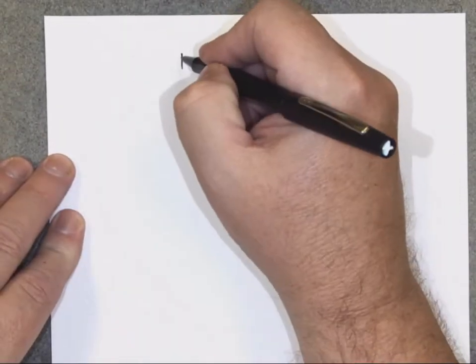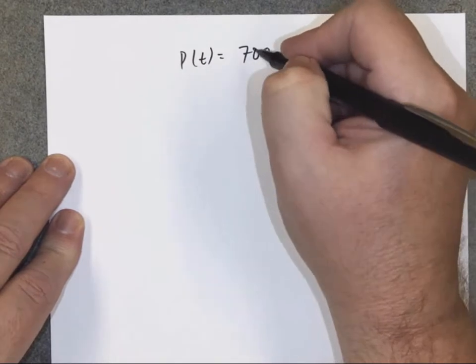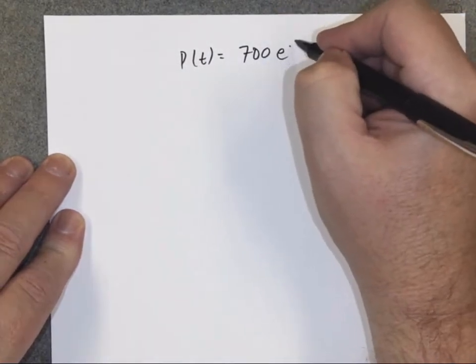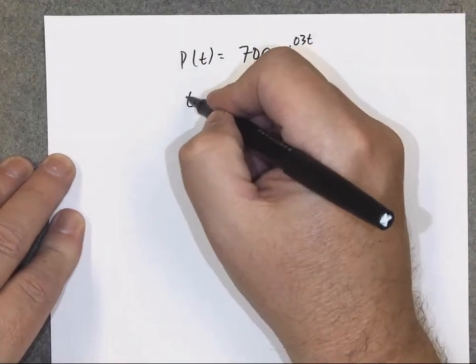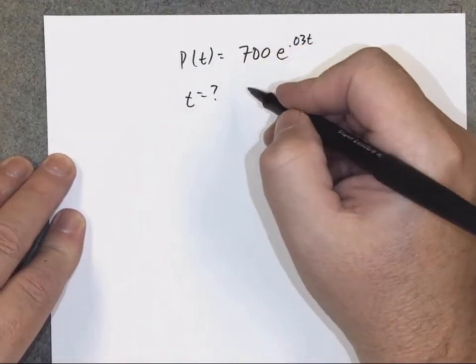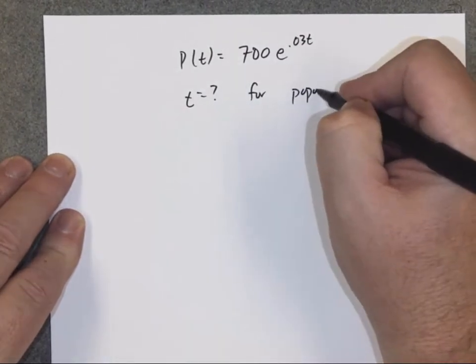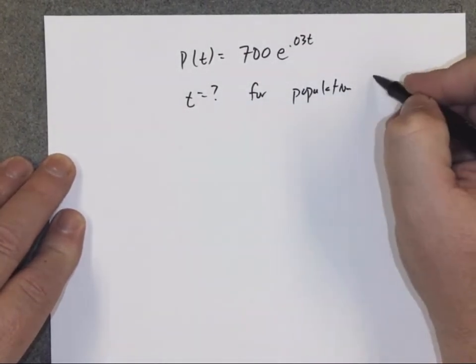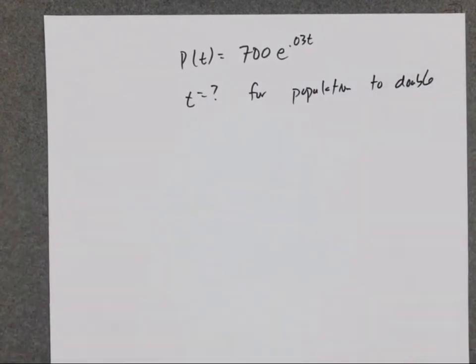Let me rewrite our equation. t equals what for the population to double? Well, let's think about what's the initial population.